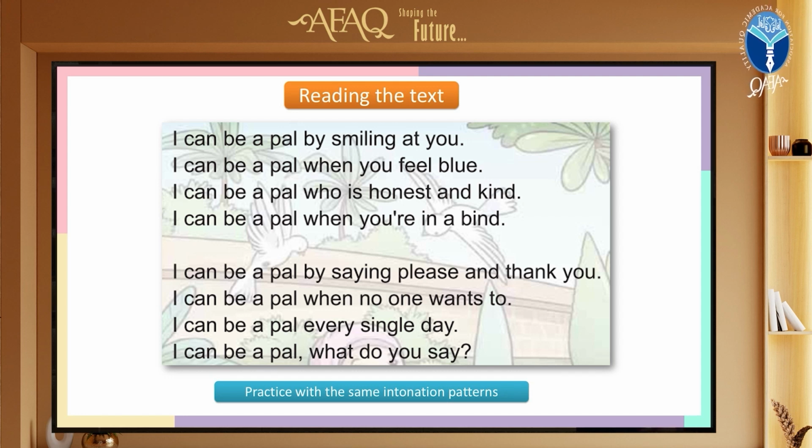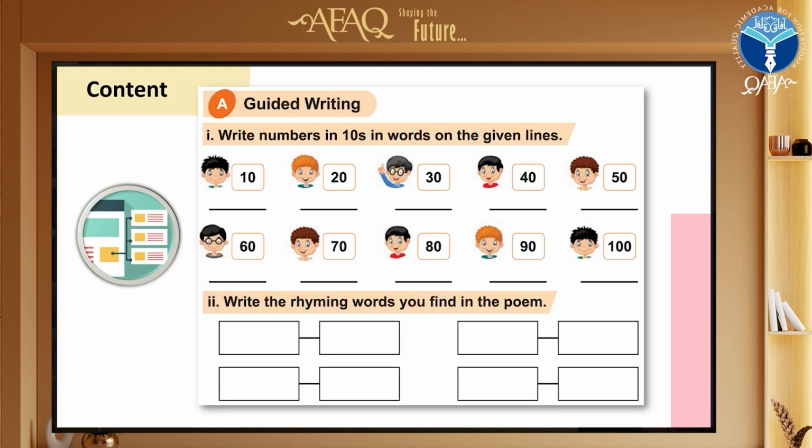They rhyme with each other. Kind and bind. You and two. Say and day. So there are 4 pairs in this poem and you are going to write pairs of these rhyming words in the question over here. Refer back to the poem, identify the rhyming words and circle them and write them in these boxes.